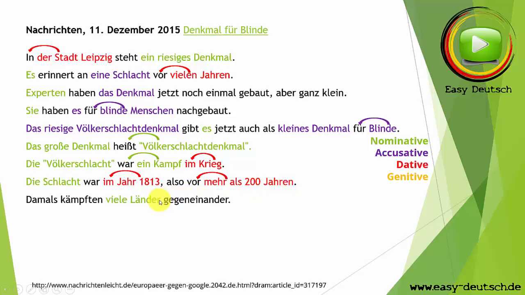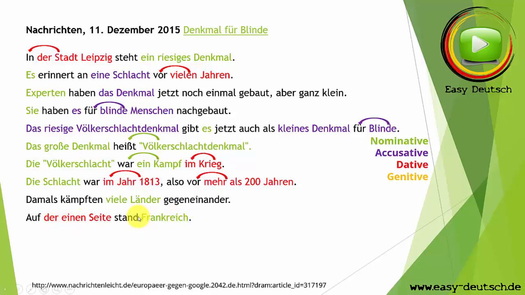Damals kämpften viele Länder gegeneinander. At that time many countries fight each other. Only noun in here is Länder, countries, and it's the subject, so obviously nominative case. Auf der einen Seite stand Frankreich. On the one side, word by word, stand France.